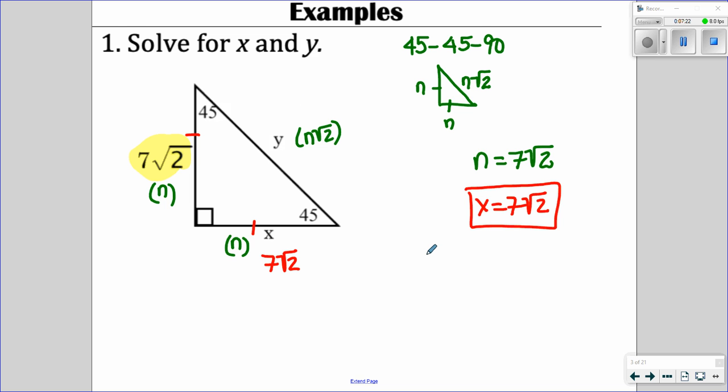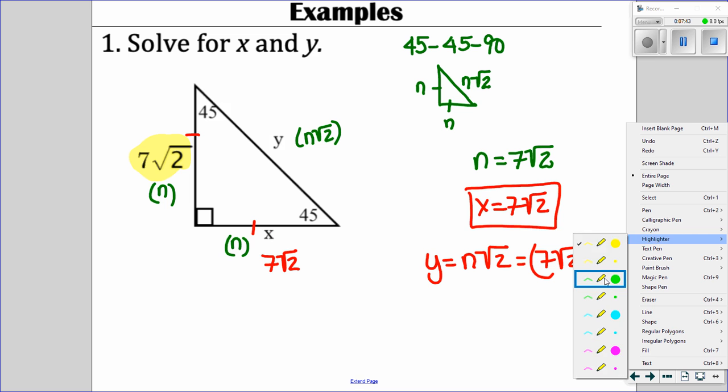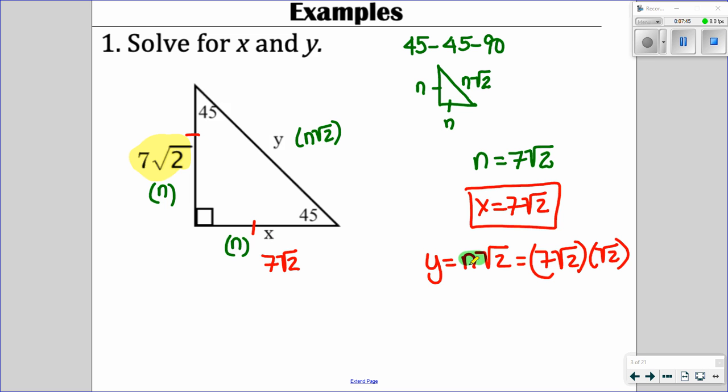So I'm going to put y equals n root 2, and then we know that n is going to be 7 root 2 times root 2. That root 2 is the one that's existing there. This is our n, and I'm going to highlight that so you know that's what I am substituting n with. And then I'm just multiplying the root 2, which was already there.